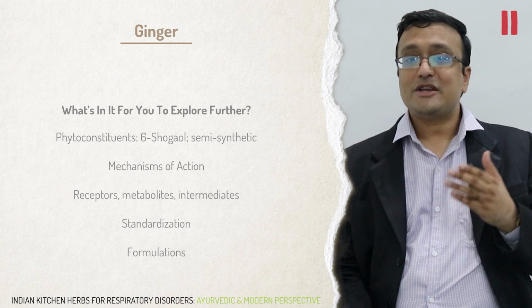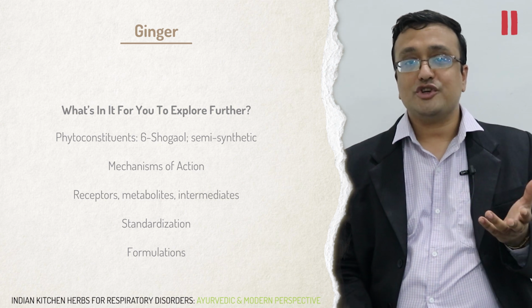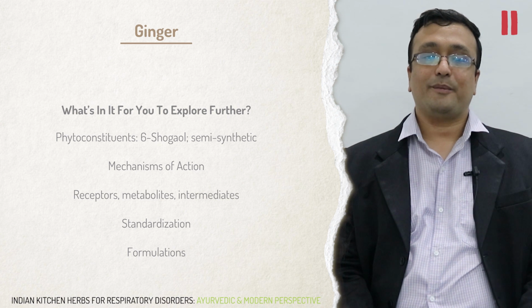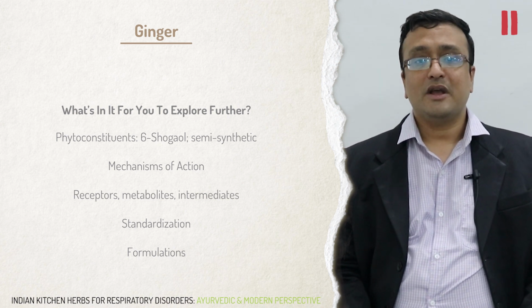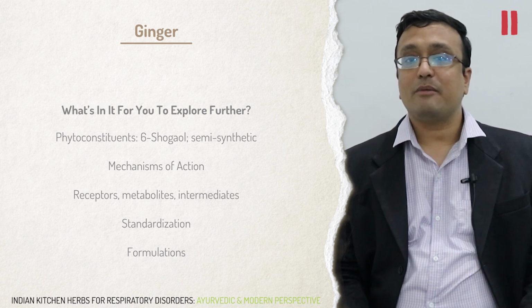So, quite a good amount of work has been done, even from the modern perspective, on ginger regarding the respiratory tract. But what's in it for us to explore further? Well, there are so many phytoconstituents which are being worked upon. There are the shogaols, there is gingerone, even semi-synthetic derivatives are being worked upon.